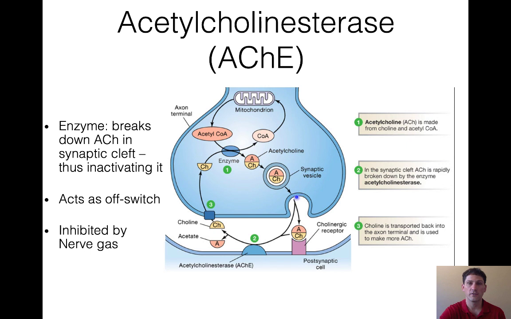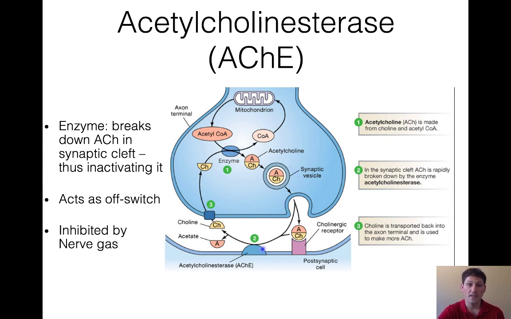Acetylcholine is released through our synaptic vesicles into our synapse, where it's going to bind, but acetylcholine esterase breaks that into acetate and choline and basically deactivates it. In reuptake, the choline is taken back into the cell and reused to make more acetylcholine.